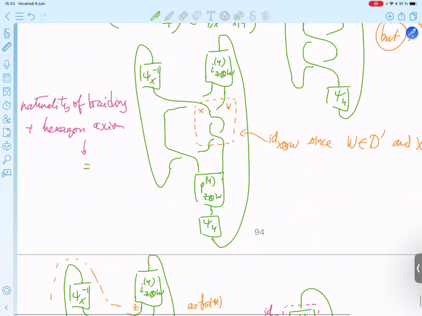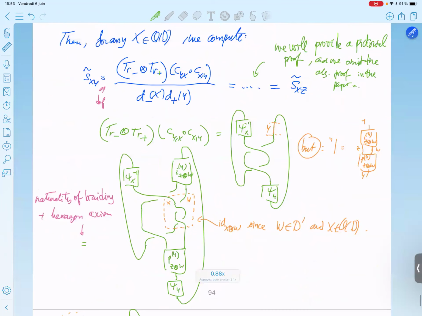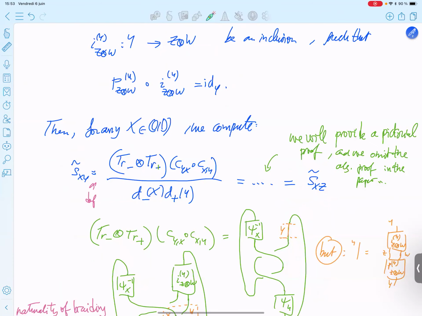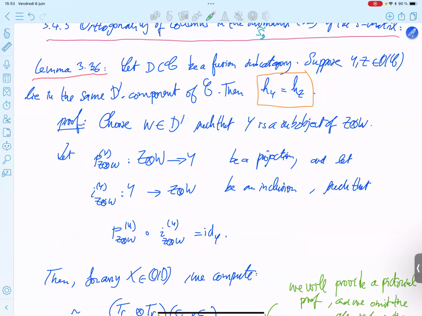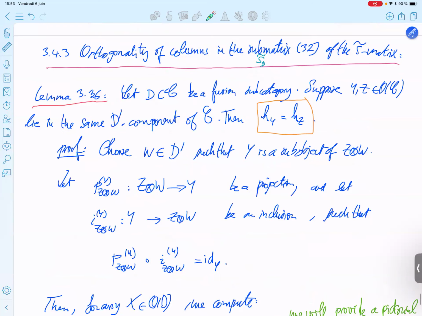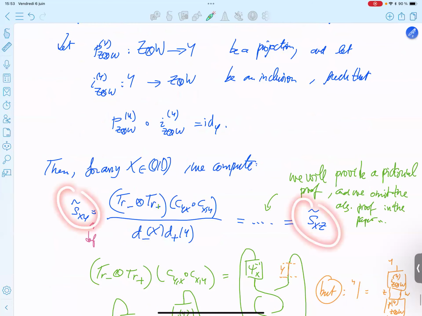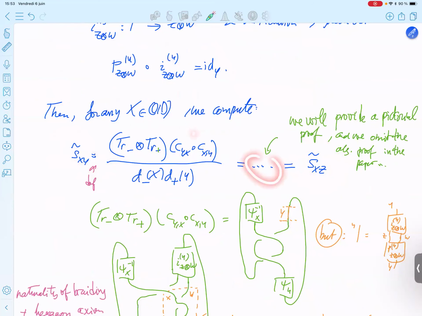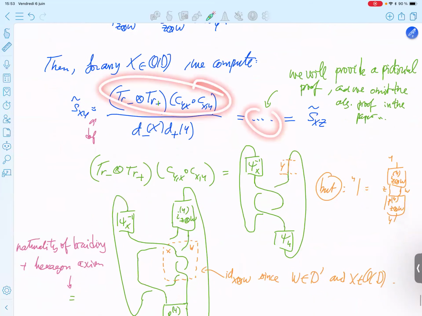So let me show you again. We want to show this, defined by this entry of the S tilde matrix. So we want to show every entry is equal: this equals this for all simple x in D. So you start from that, this picture.